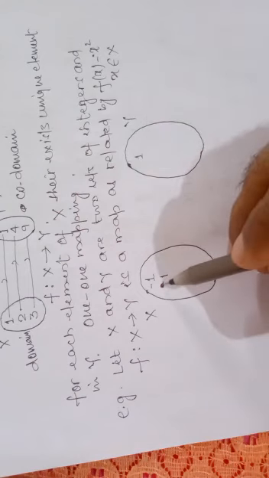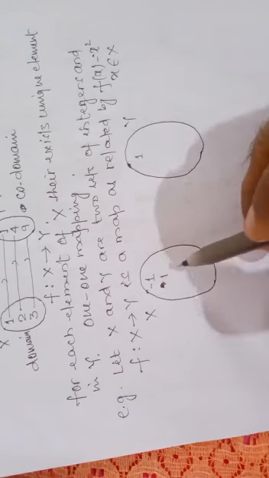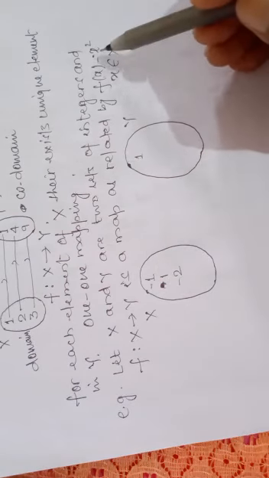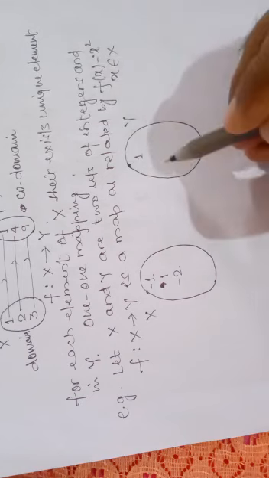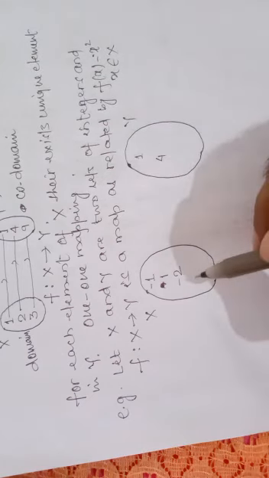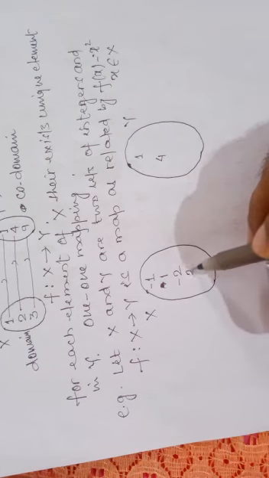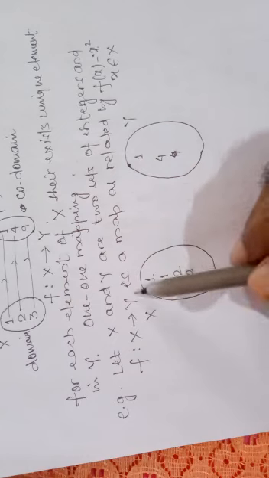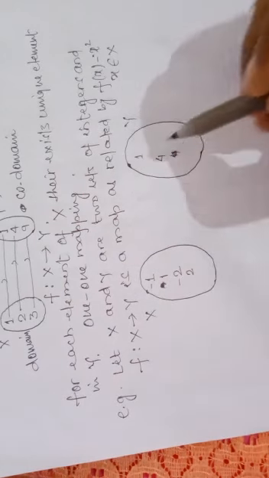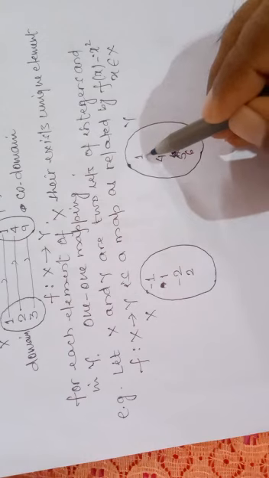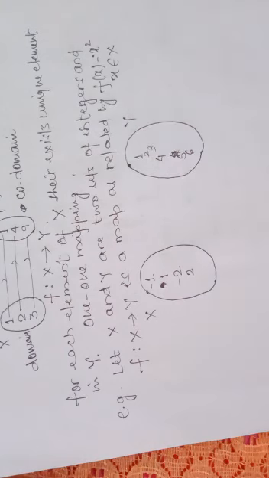Similarly, when x is minus 2, then f(minus 2) is minus 2 square, which is 4. Since they are independent sets, 5, 6, 2, 3 are also elements of the set.